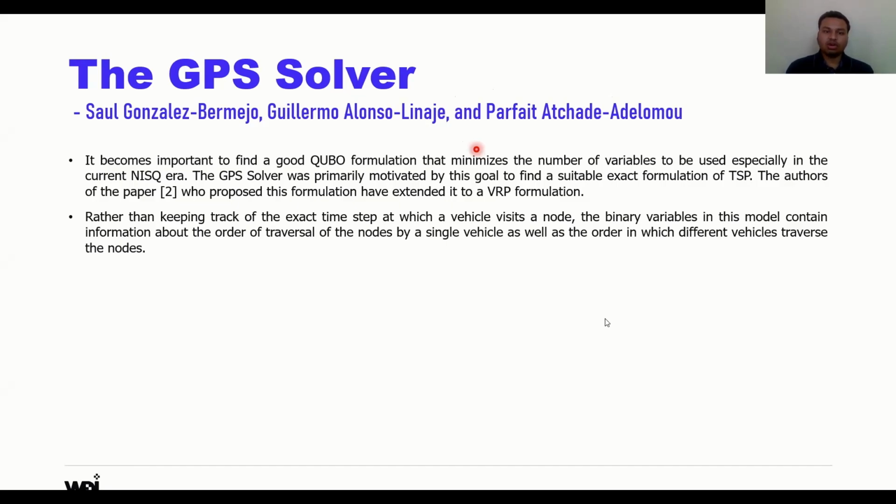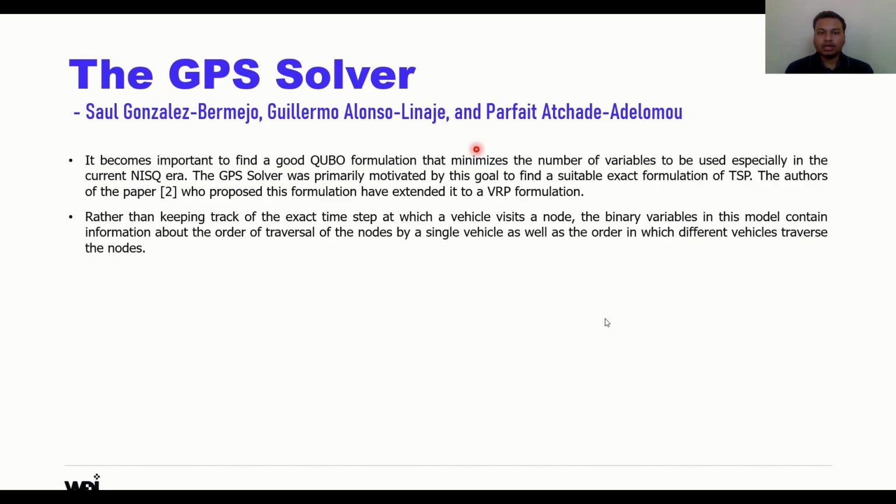Previously, Avnesh talked about two exact VRP formulations, the full QWorld solver and the root activation solver. We will now take a look at another exact formulation of VRP, the GPS solver. This formulation was prepared by Guillermo, Perfect and Sol, and this implementation of the solver is based on their paper on the same topic.